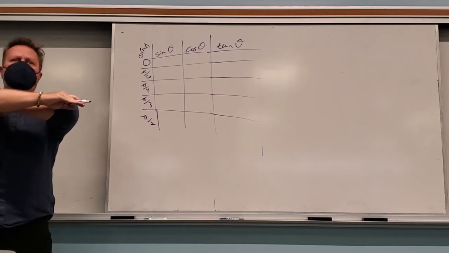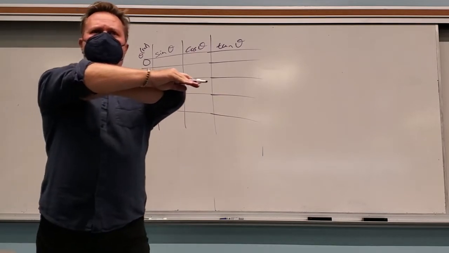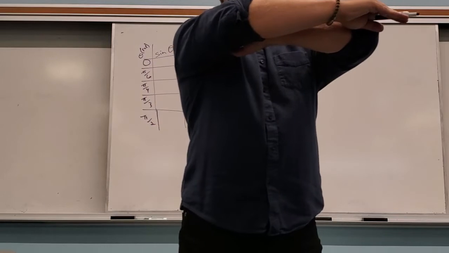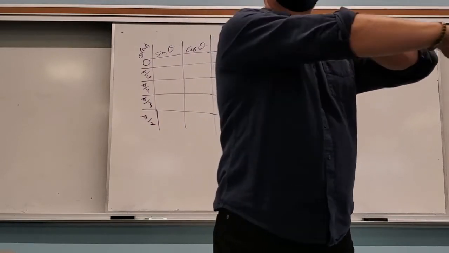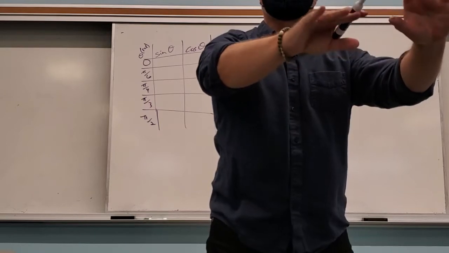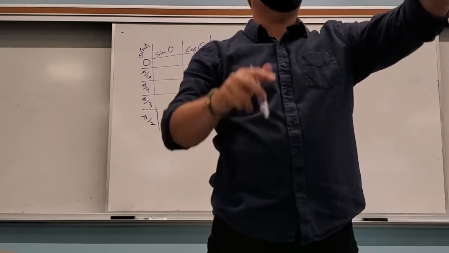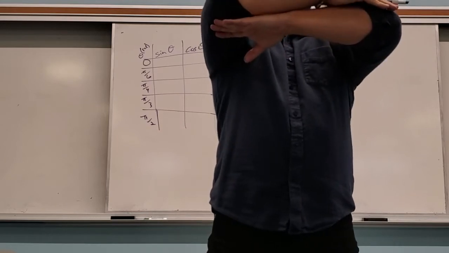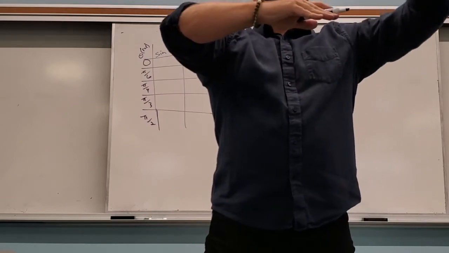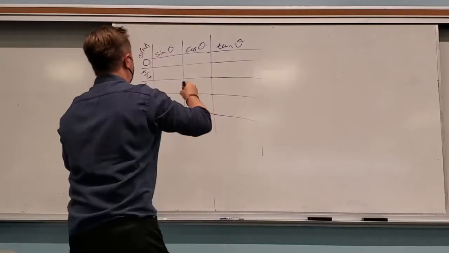I love it. Why? Because sine likes y, and there is no y when I'm just sitting on the x-axis. I really want that to make all the sense in the world. Sine is related to how big the y side of the triangle is. Well, if I'm on the x-axis, there is no y side. So that's 0.